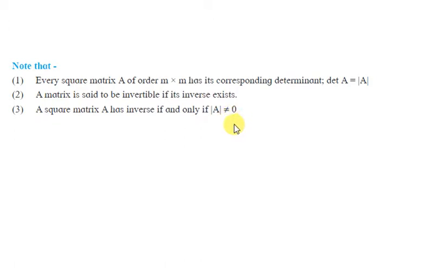It means that the matrix A must be a non-singular matrix, because we already learned that a non-singular matrix means the determinant of matrix A is non-zero. So only for a non-singular matrix does the inverse matrix exist.